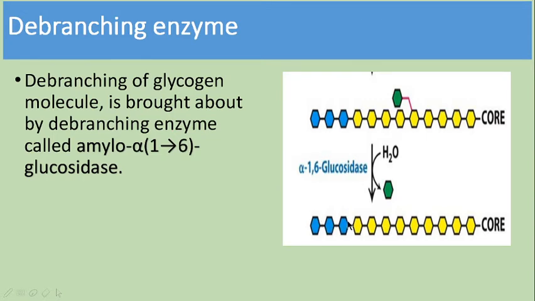Now the first enzyme, phosphorylase, can phosphorylate the terminal glucose residues one by one and cleave them in the form of glucose 1-phosphate. So with the role of these three enzymes, glycogen phosphorylase, glucose transferase, and debranching enzyme, we get free glucose as well as glucose 1-phosphate.